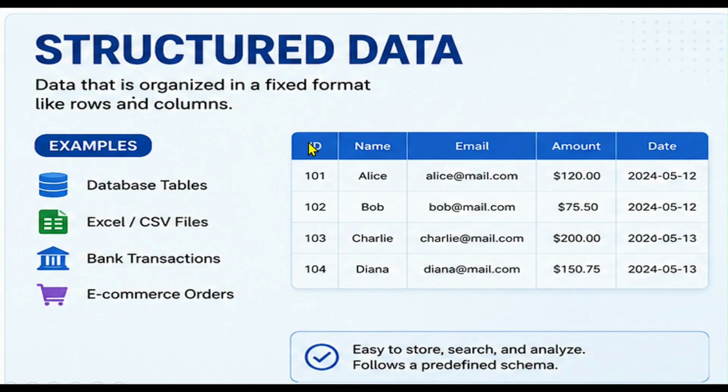It has a clear schema, meaning every entity follows the same structure. Think of it like a well-organized filing cabinet where every drawer is labeled and every file is in the right place. So it's very neatly organized.